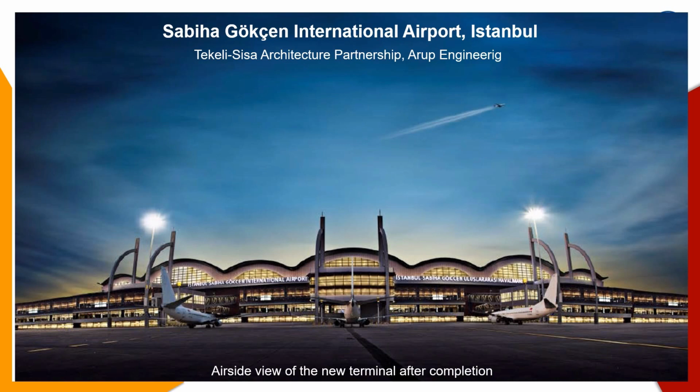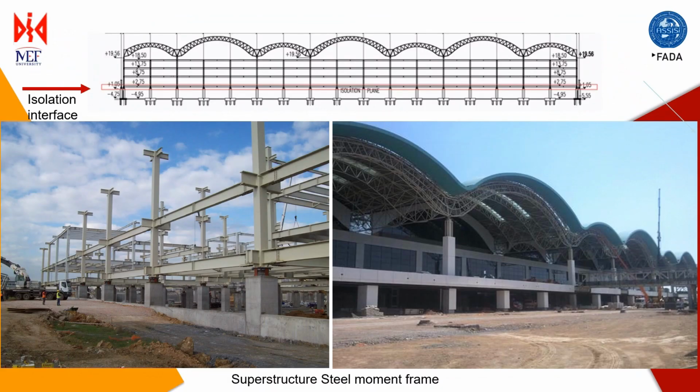The area is 200 meters square, and the passenger capacity is 22 million. The terminal comprises 4 stories above the basement floor, below the isolation plane.